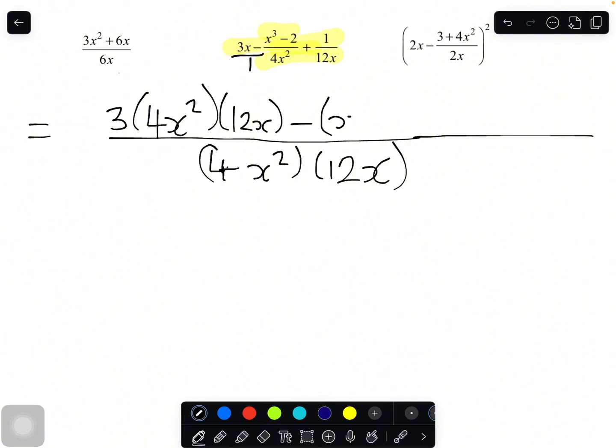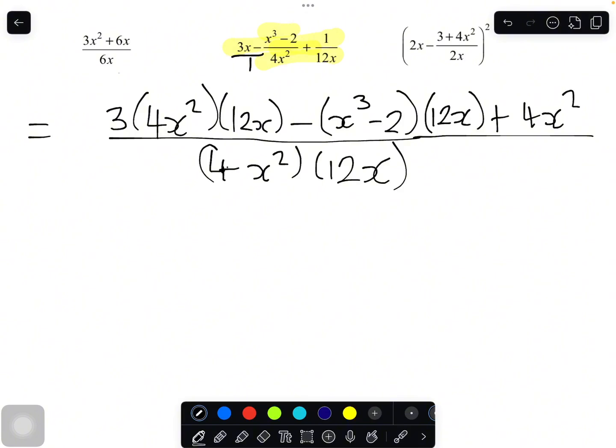So if I have x to the 3 minus 2 into this 4x squared cancels over this 4x squared, and I'm left with 12x. And then finally I'll have plus, and this 12x cancels over this 12x, and I have 4x squared.